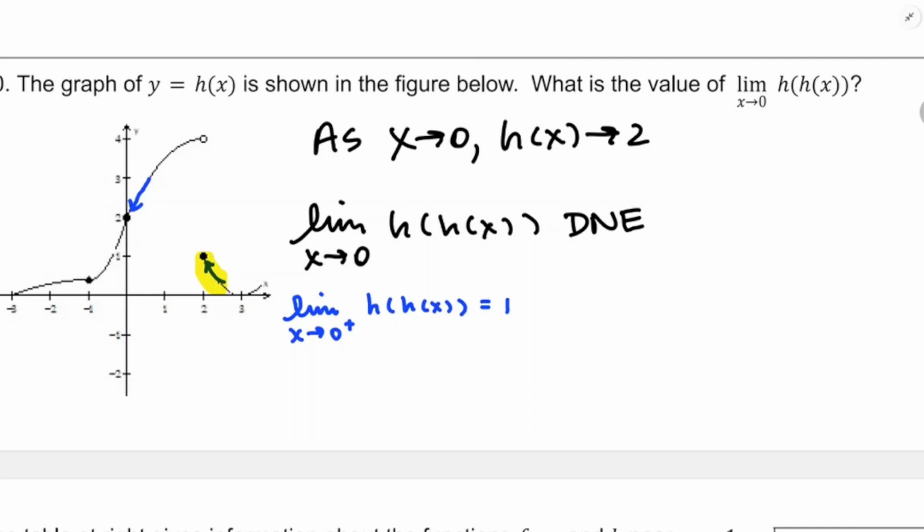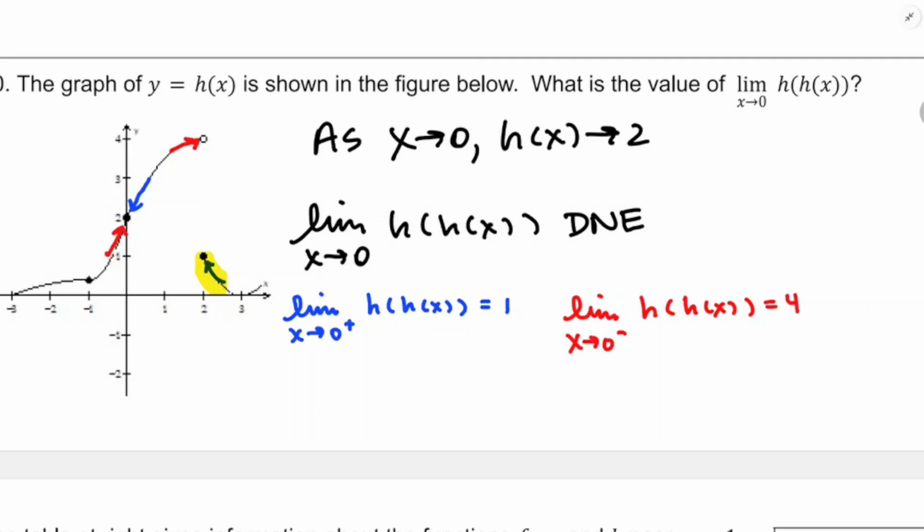Then the limit as x approaches 0 from below of h of x. Well, as x approaches 0 from below, regular h is approaching 2 from below. So that means now I'm looking at this one. That limit's going to equal 4.